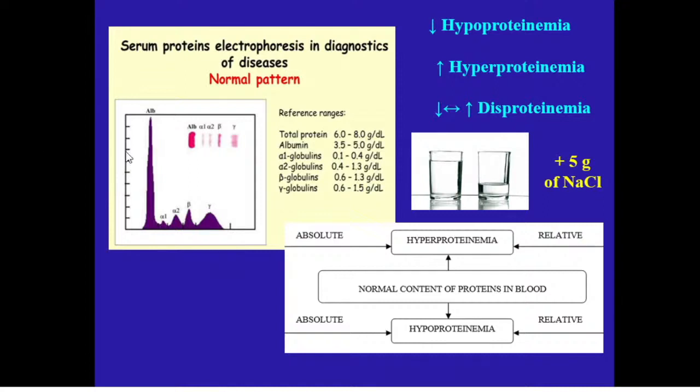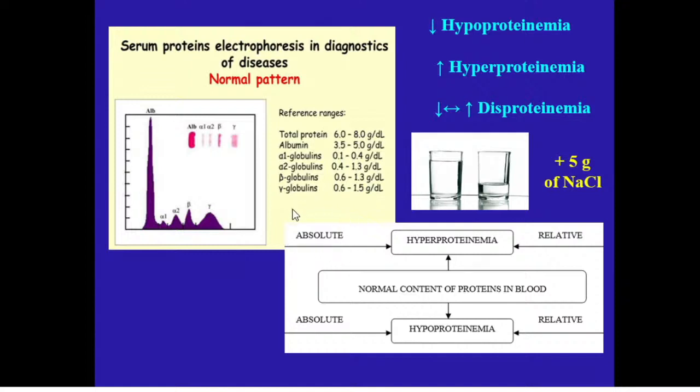So, different inflammatory diseases lead to increased quantity of alpha-1, alpha-2 and beta globulins, and infections or appearance of many foreign antigens, irritation of the immune system will lead to overproduction of gamma globulins, of antibodies.